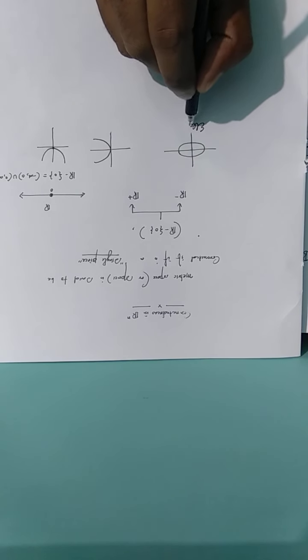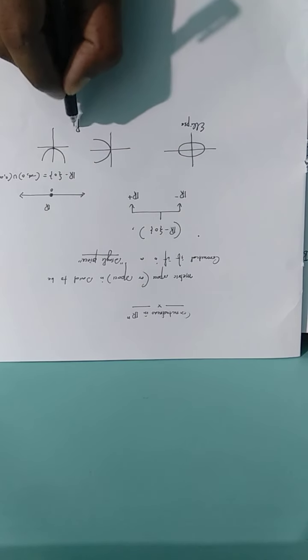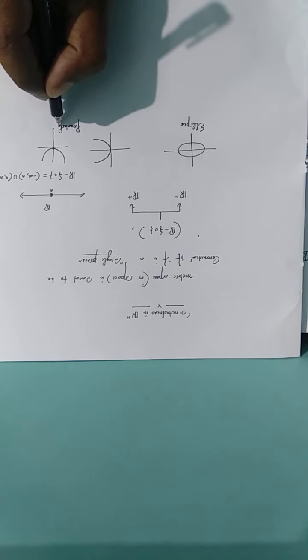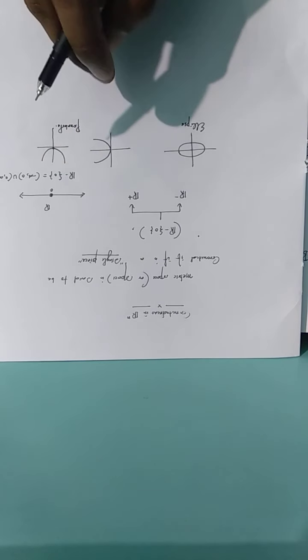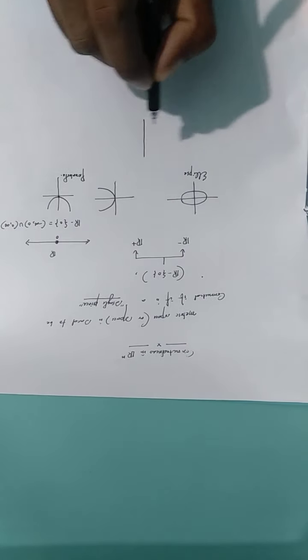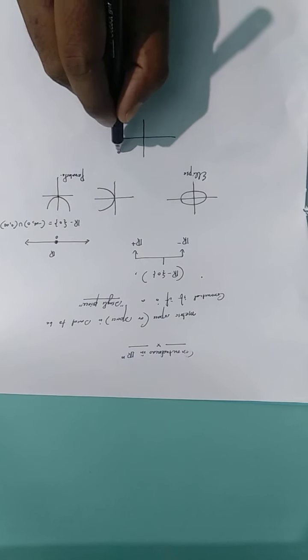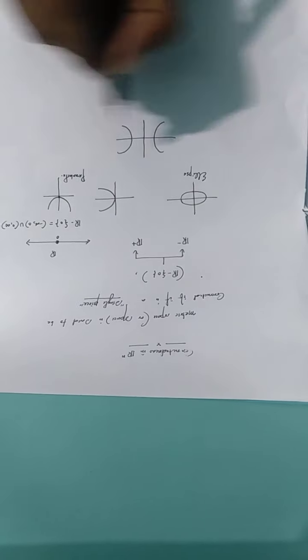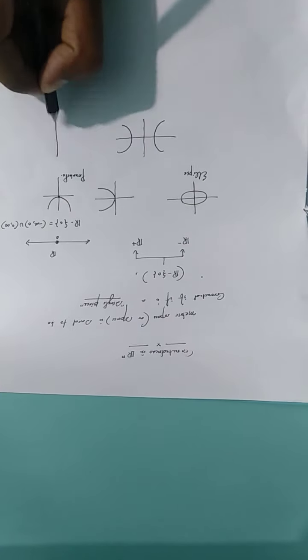So ellipse and parabola, they are in a single piece. But when you consider a hyperbola, or rectangular hyperbola, it has two distinct pieces.